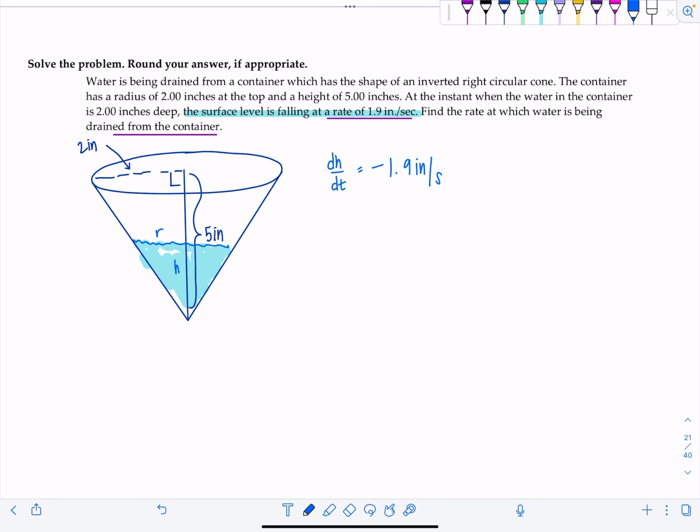Yeah, and then what are they asking for? Find the rate at which the water is being drained. Water being drained, they want the change in volume. They want dV/dt. You need to be mature enough to read that sentence and understand that that's the quantity they're after, okay? So, what did we do last time? We just focused on the variables V and H, and we said, okay, can we think of an equation that relates the two of them?